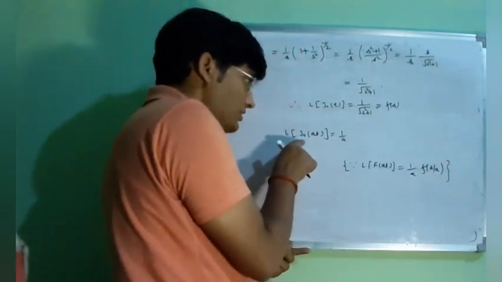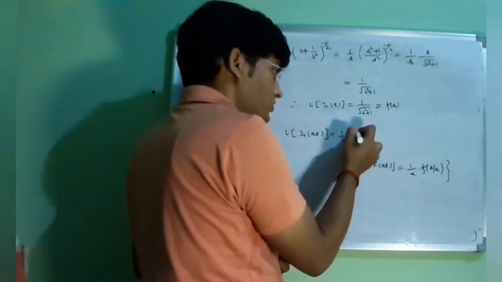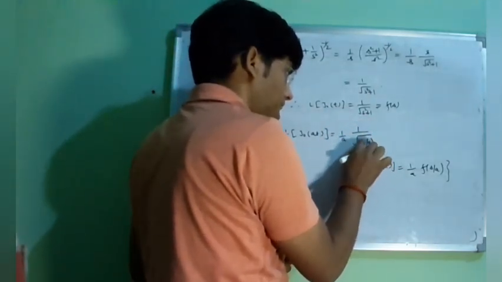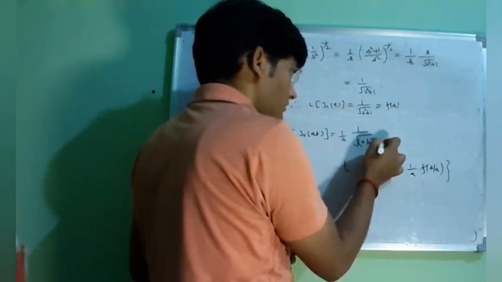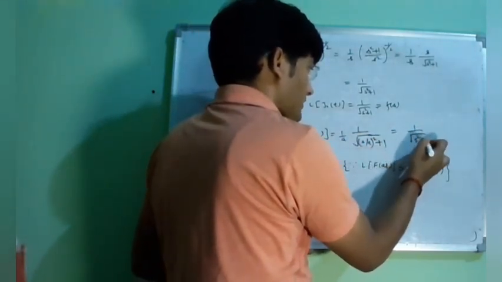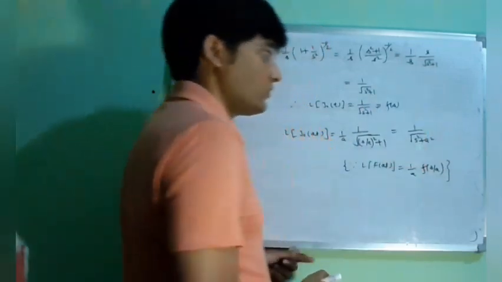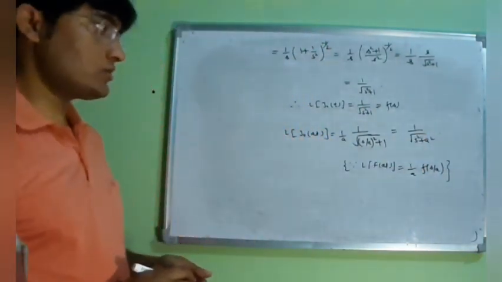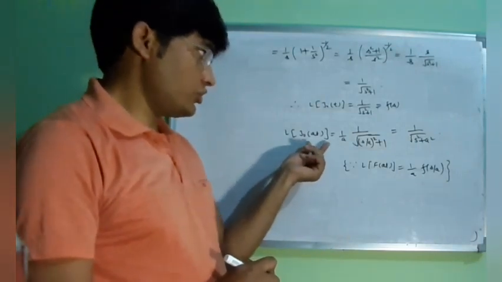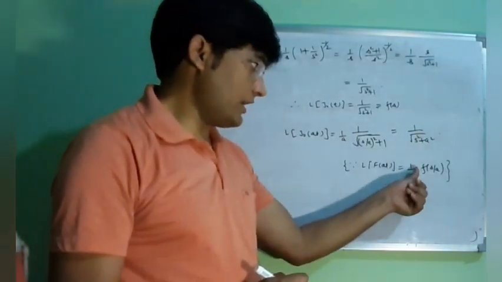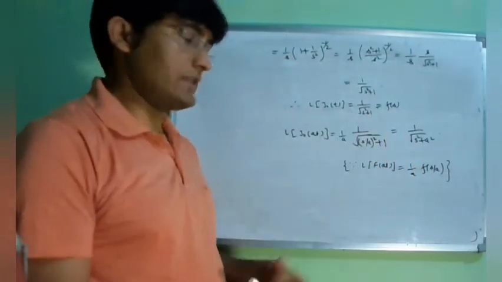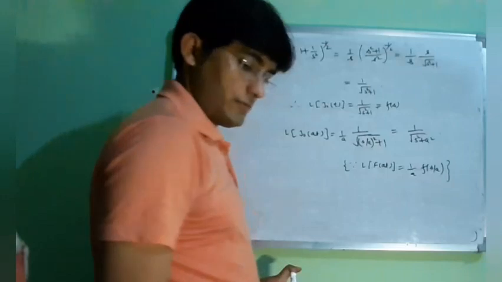Here the Laplace of J0(t) is this one, so our s will be replaced by s upon a. So this is equal to 1 upon square root of s square plus a square. The Laplace of J0(at) is equal to 1 by a F(s upon a), that means your s will be replaced by s upon a. So this is your answer.